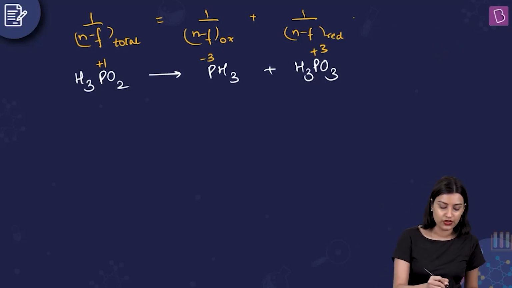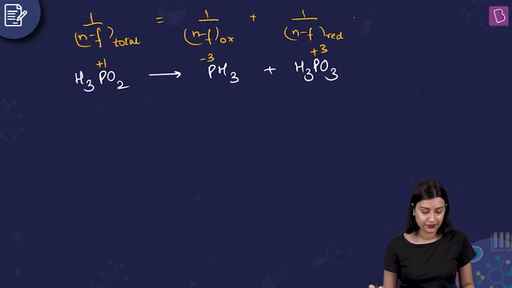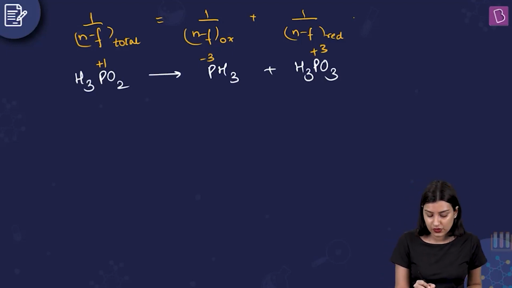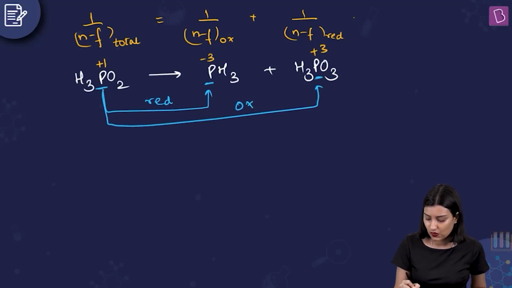Now you can see that phosphorus goes from +1 to -3 and +1 to +3. So +1 to -3 is your reduction and +1 to +3 is your oxidation.